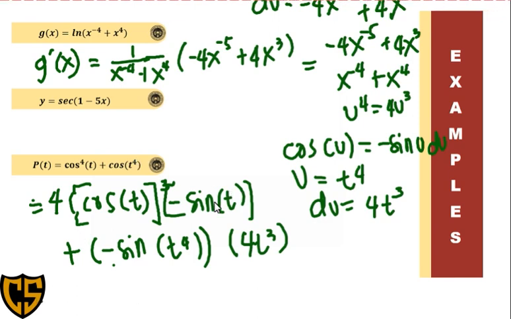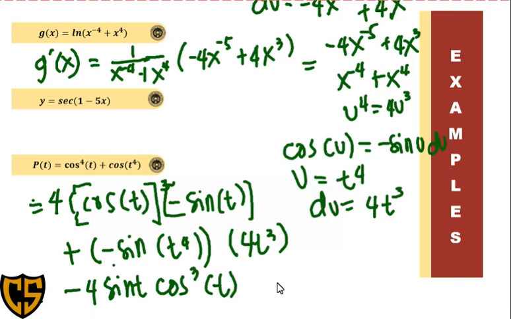It will be negative 4 sine t, then we will have cosine. So pwede natin pasulod ang 3 parehas ang original ng equation. So we will have cosine cube t, then we will have minus 4t cube sine t raised to 4. This now will be aton nga final answer.